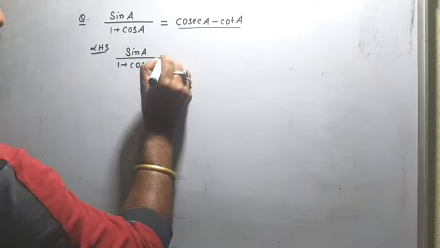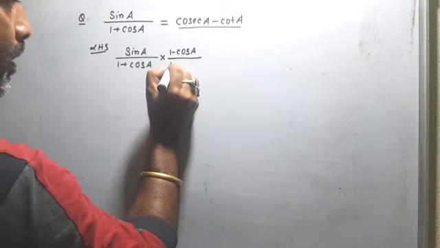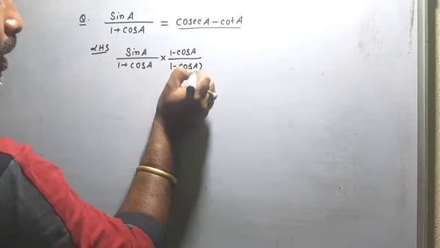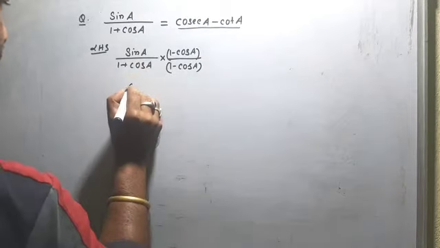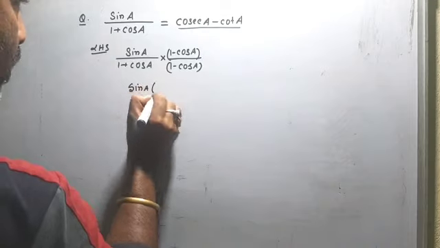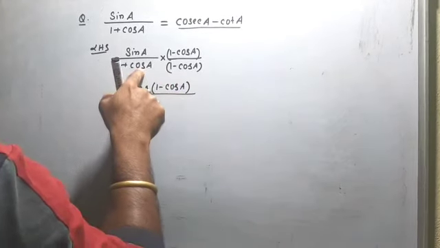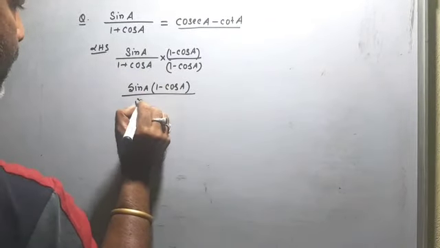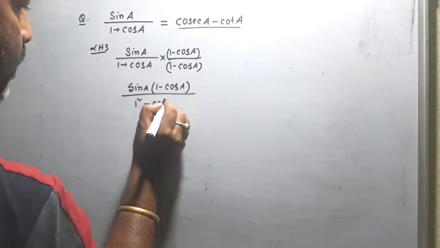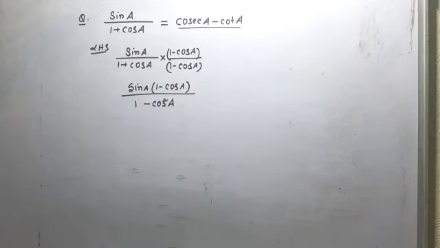Now we multiply both terms by 1 minus cos a, in the numerator and in the denominator. So this is looking like sin a into 1 minus cos a, and here a plus b and a minus b, so that is a square minus b square, 1 square minus cos square a. So 1 square means 1.